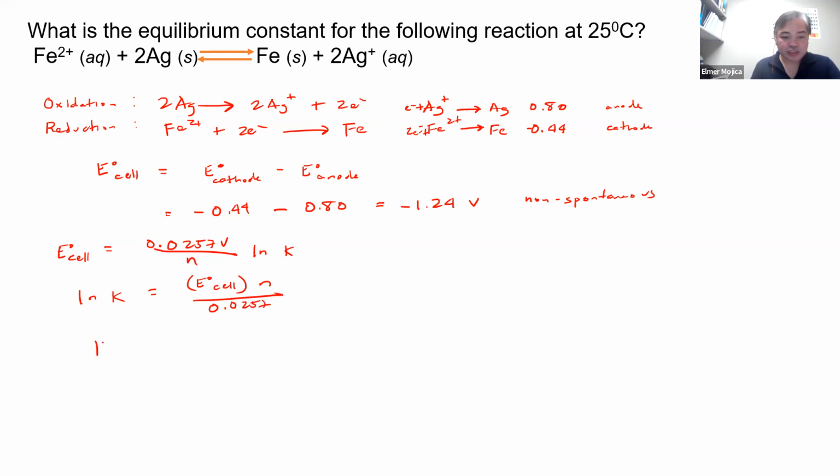And since we want to get the K, we just take e to the power of this value that we have here. So we can replace it with the given values.